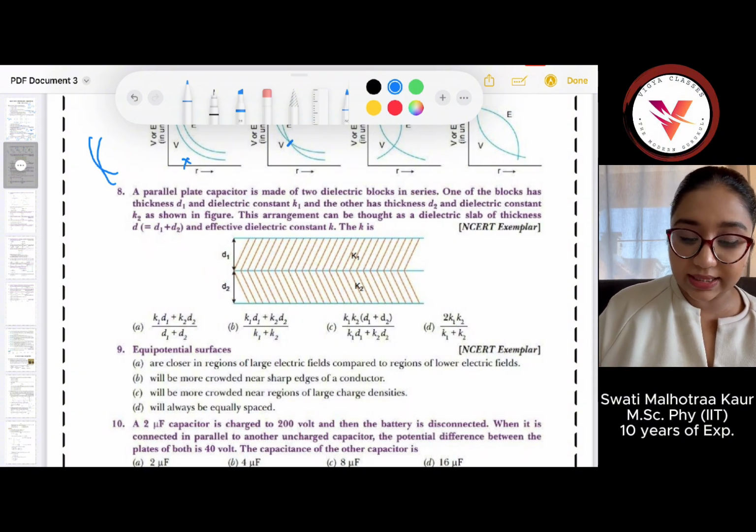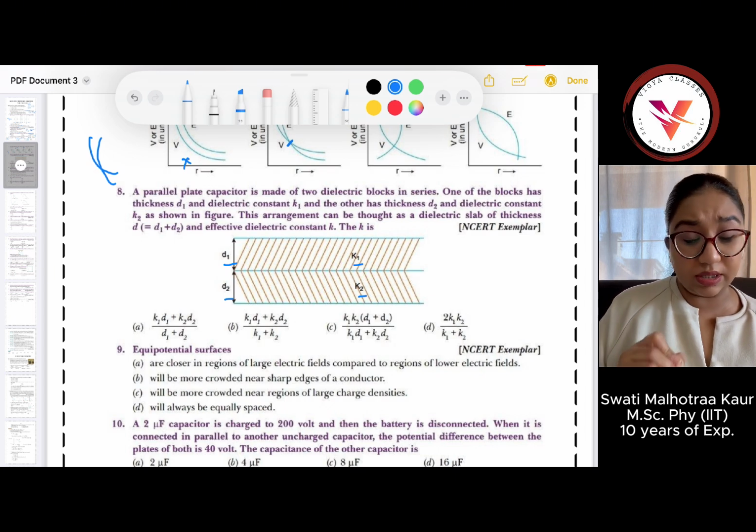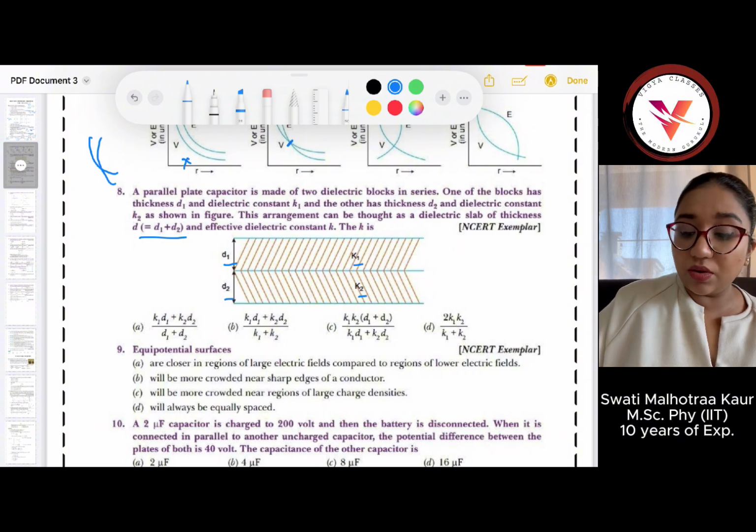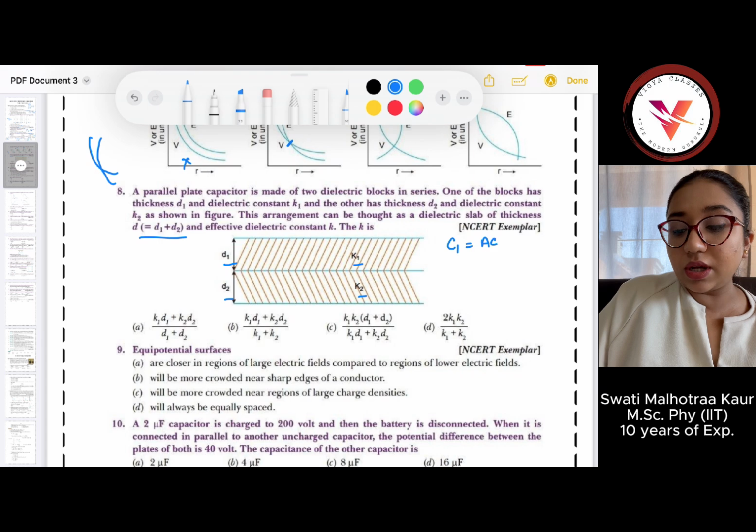Okay. So the next question is, a parallel plate capacitor is made of two dielectric blocks in series. One of the blocks has thickness D1, dielectric constant kappa 1, the other has D2, kappa 2. The arrangement can be thought of as a dielectric slab whose total thickness is D1 plus D2, and we have to calculate K. Okay, so for C1 it is basically A epsilon naught kappa 1 by D1, and C2 is A epsilon naught kappa 2 by D2.